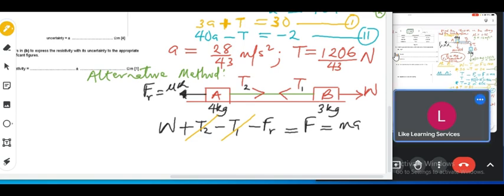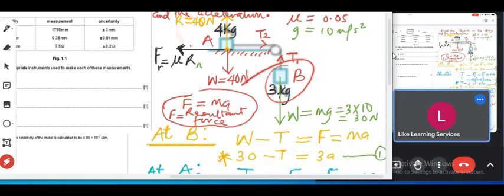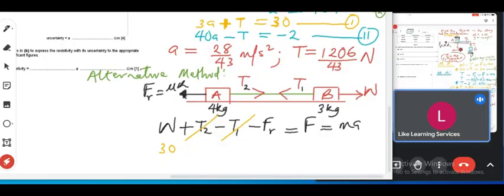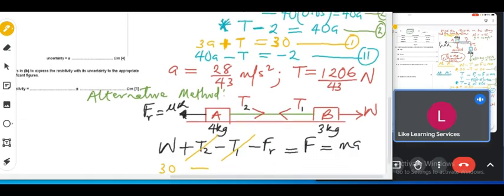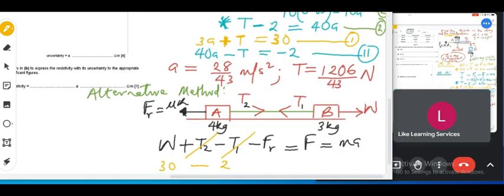What's W? W is 40? Or 30? Yes, remember, this W is for mass B, which is 30 newtons. So 30 minus frictional force. We found frictional force to be 2, right? Yes. It's equal to MA. Now this mass is the total mass because we are treating the whole thing as a unit.